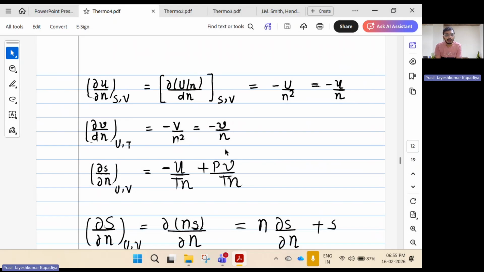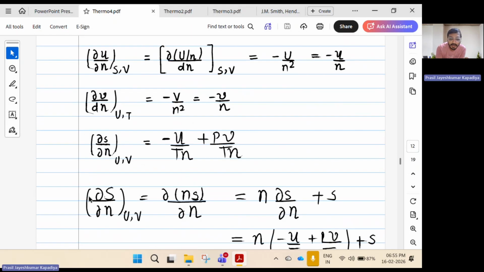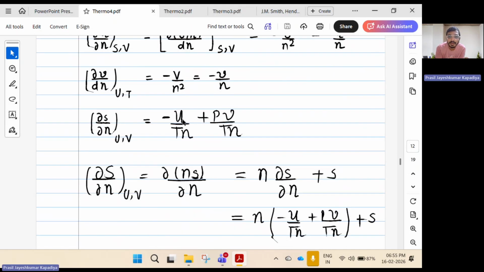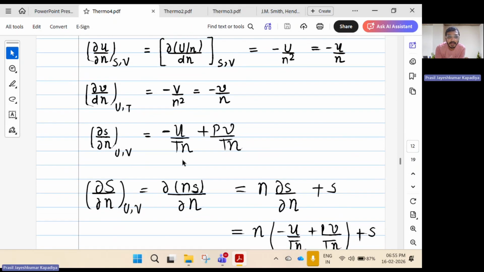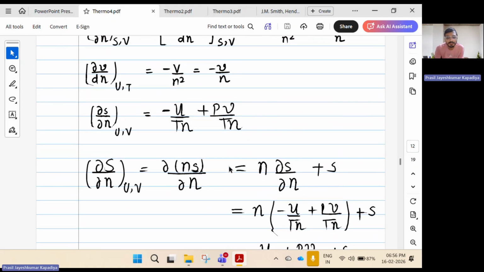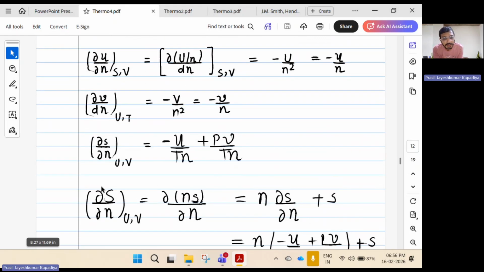What is del s by del n at u, v? That is nothing but minus u by T n plus P v by T n, correct? Since dU is nothing but TdS minus PdV. Now I'm writing for capital S, the total property.